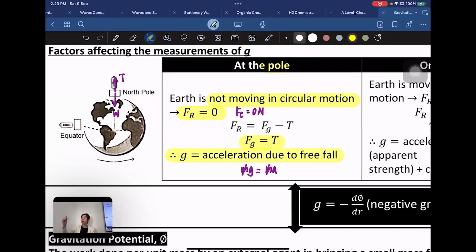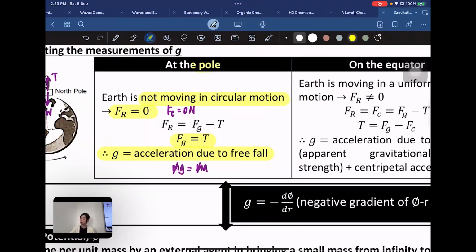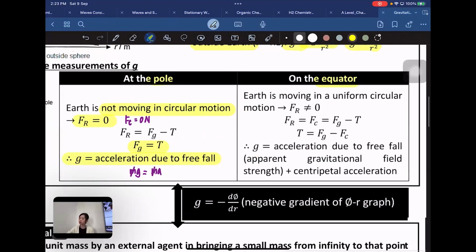However, if I move now to the equator, imagine you have a block here now stuck to the equator. There is the weight acting downwards, and then there's the tension acting upwards. So as the Earth rotates, what happens to my object? It rotates together. Can you see that? So that means your object at the equator follows a circular motion path.